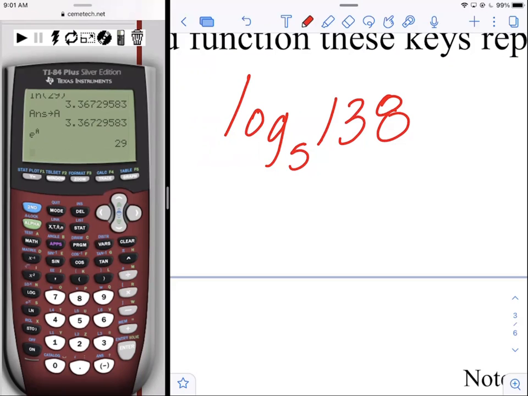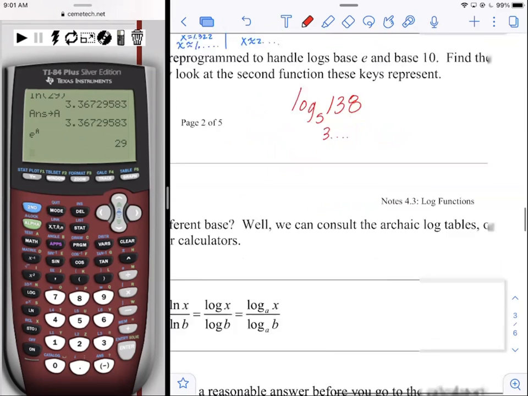And then 5 to the 4th is bigger than 125. So this should be 3 point something. Yeah, because 5 cubed is 125. 138 is a little bit bigger. But where's the log base 5 button on the calculator? There is none.